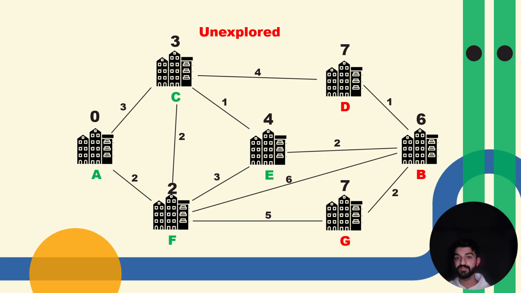And now the next town to visit is town B, our destination, and that tells us that the shortest time needed to get from town A to town B is therefore 6 minutes, and that's Dijkstra's algorithm for finding the shortest path in a graph.